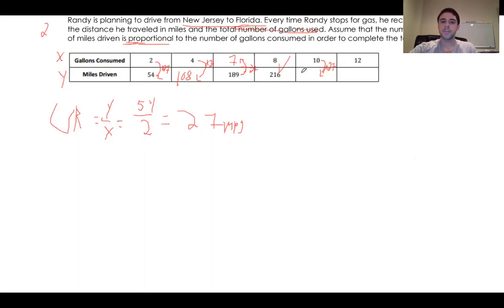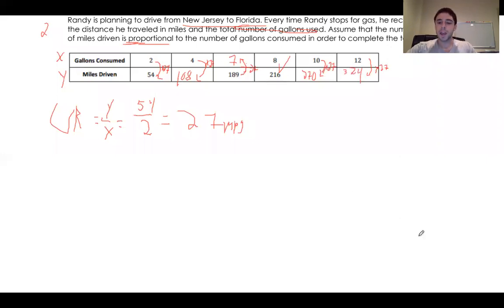Awesome, yep, we all got this one. 270, and what about our last one? 12 gallons of gas. 12 gallons of gas times 27 miles per gallon is going to be how many miles? Awesome, so a lot of great answers rolling in here. It's going to be 324 miles driven.